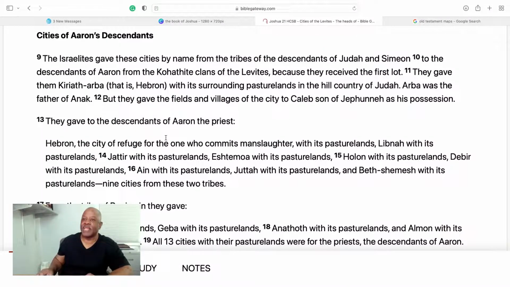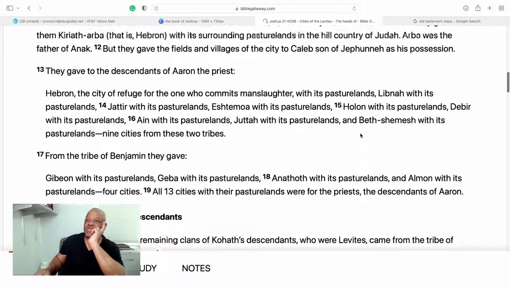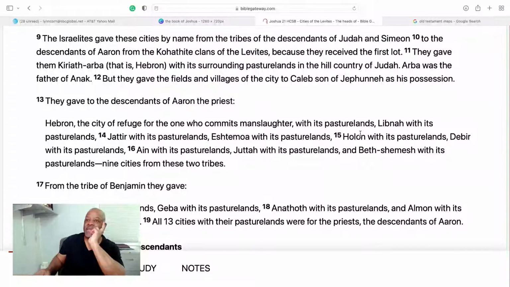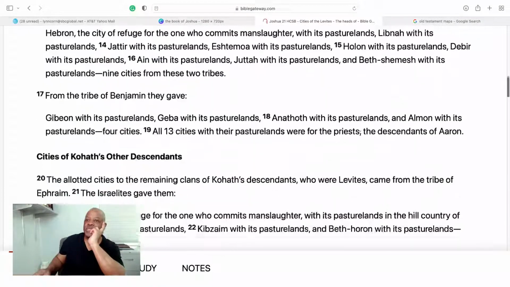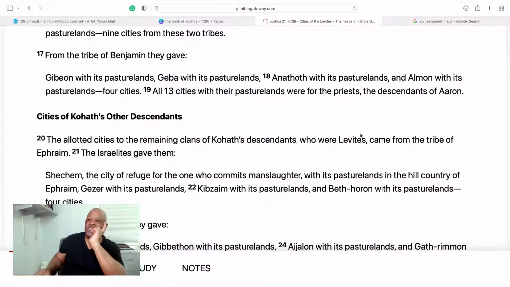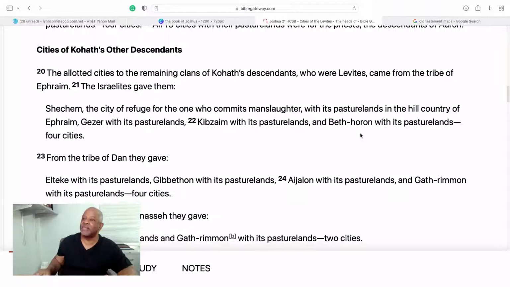The Israelites, verse 9, gave these cities by name to the tribes of the descendants of Judah and Simeon. Okay. And verse 13, they gave the descendants of Aaron to the priests. And then verse 20, the allotted cities remain of Kohath's descendants.